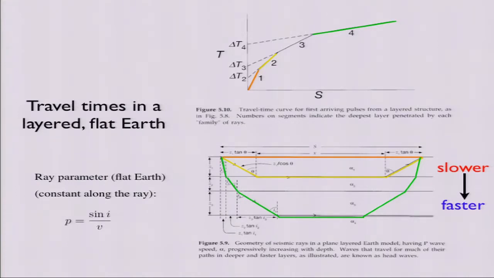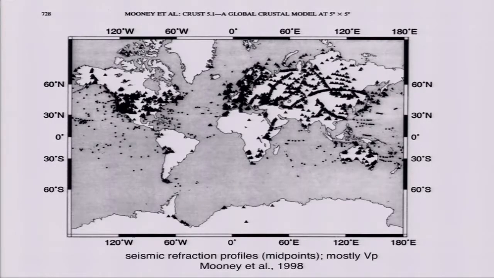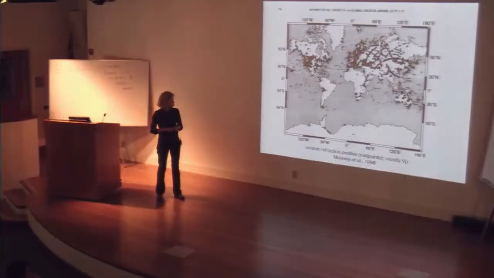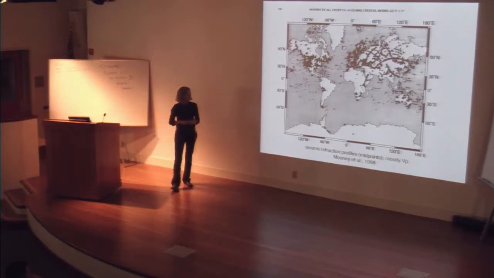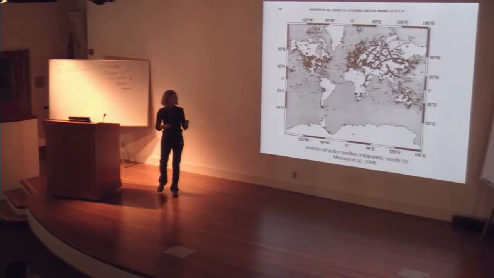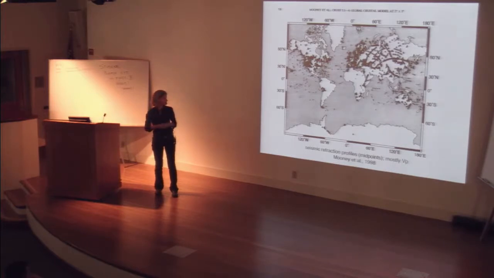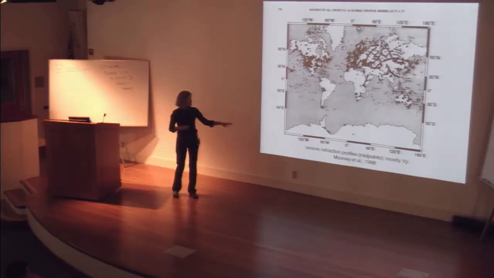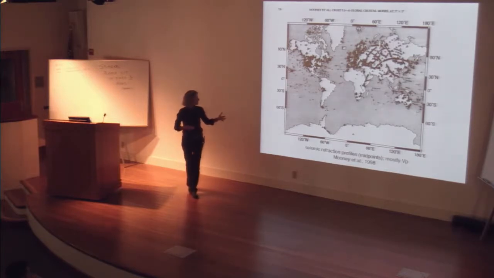A lot of what we know about the continental crust from this type of work has been compiled to give us a view of what the continents look like overall. This is work that Walter Mooney has done a lot of, with various seismic collaborators, including Guy Masters and Gabi Laske. This is a compiled data set from the CRUST 5.1 model, a 5 by 5 degree crustal model, from Mooney et al. in 1998. And the data set hasn't really changed a lot since then.